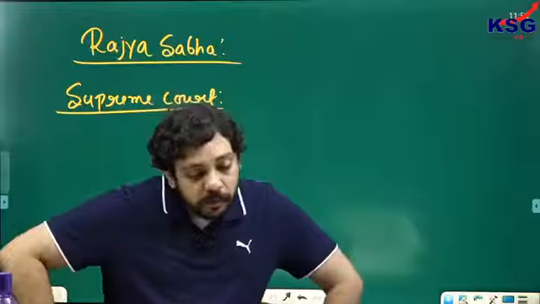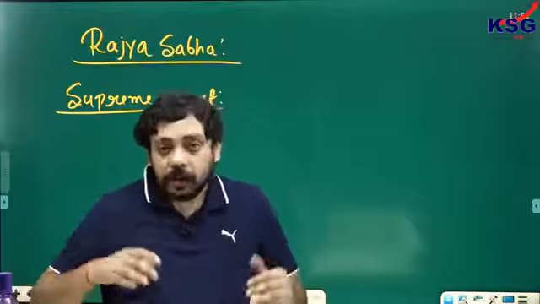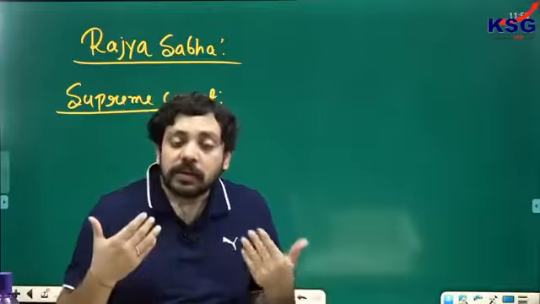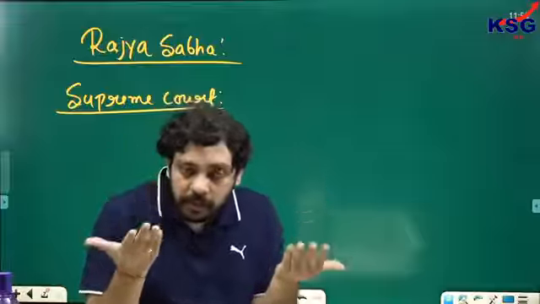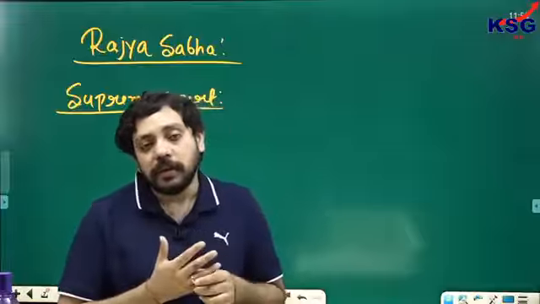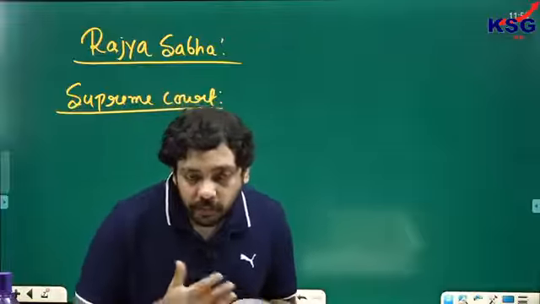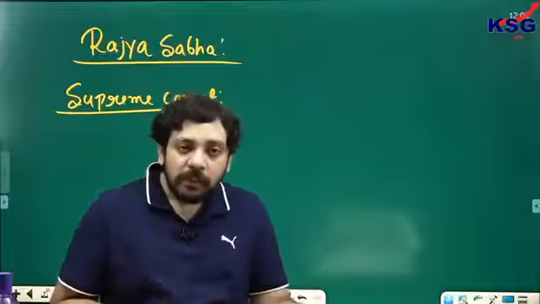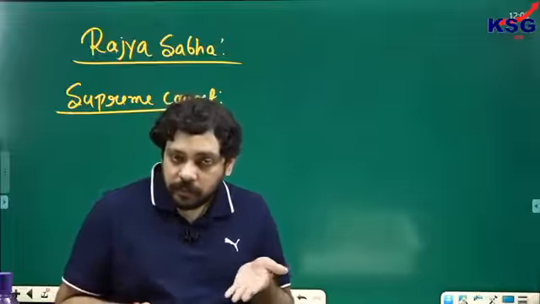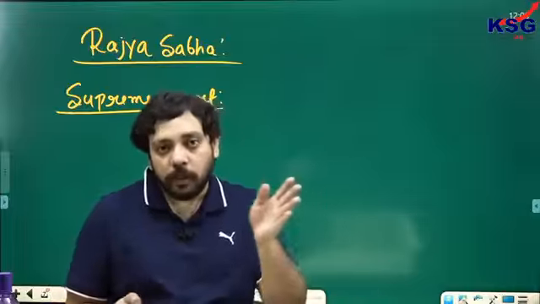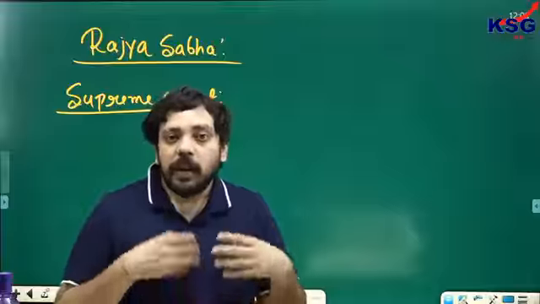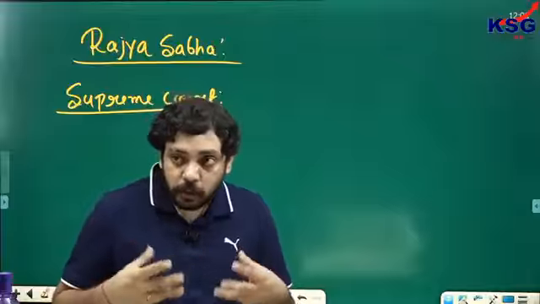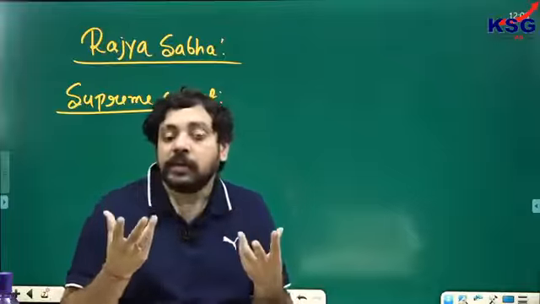Why does Rajya Sabha have more power in the creation of All India Services? Because the people of the Rajya Sabha are considered to have a better understanding of certain sophisticated matters regarding public administration. For example, look at the membership of Rajya Sabha: the 12 nominated members given by the president and other members of the Rajya Sabha are supposed to be people who have a deep understanding of politics.